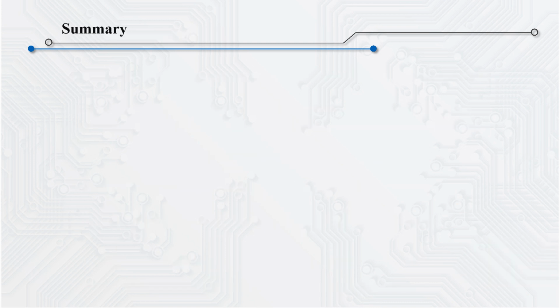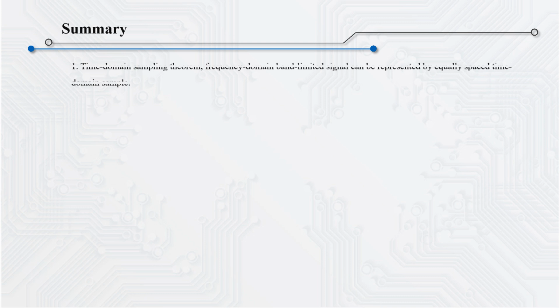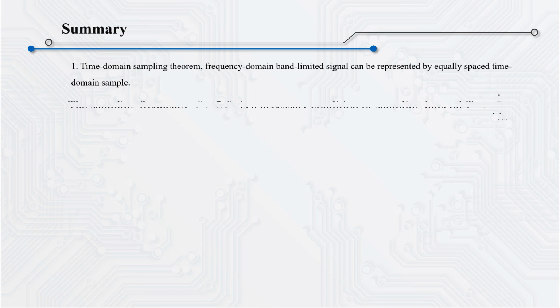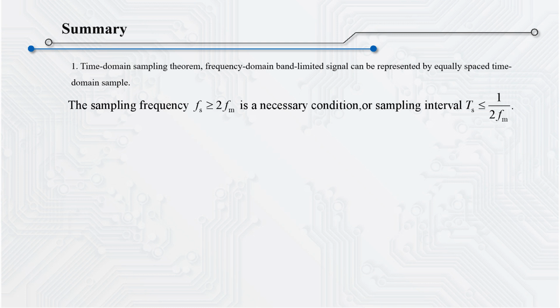Let's summarize the knowledge of this lecture. Today, we have learned the time domain sampling theorem. There is a necessary condition for the time domain sampling theorem. That is to say, when we do time domain sampling, its time interval Ts should be less than or equal to 1/2fm.